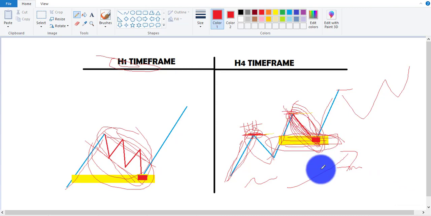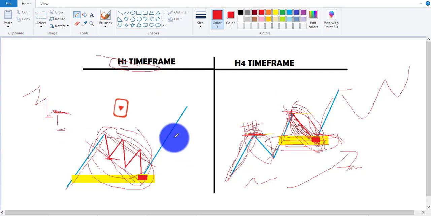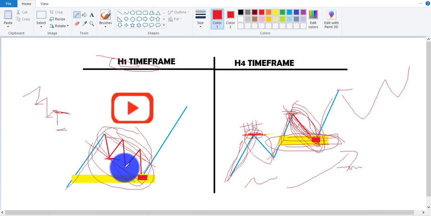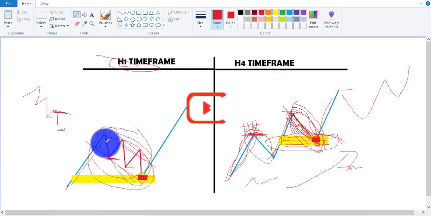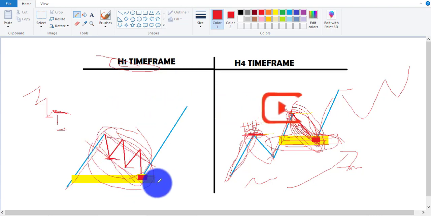This correction will resemble a downtrend market structure. It will resemble a market where we are having a series of lower lows and a series of lower highs like this. As you can see, we are breaking the lows as we move back to the order block.